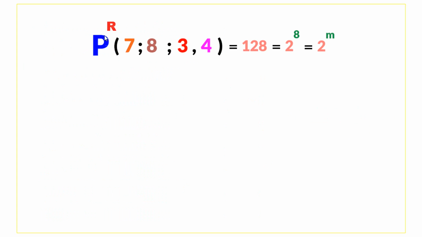So now we can say permutation with replacement of 7 objects taken 8 at a time with 3 and 4 identical items is equal to 2 to the power of 8 or 2 to the power of m, where m is the total size of the generated sequence. This is 8 here.